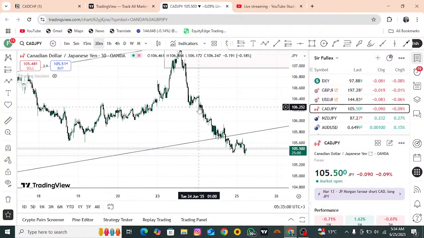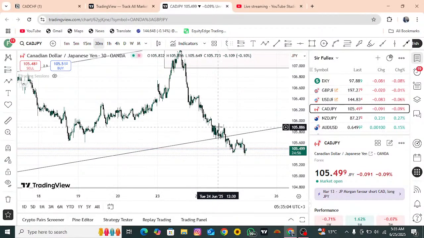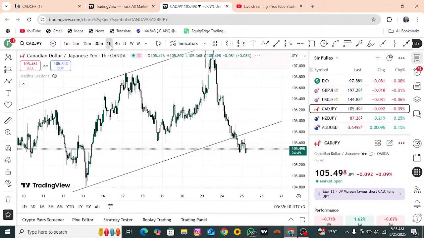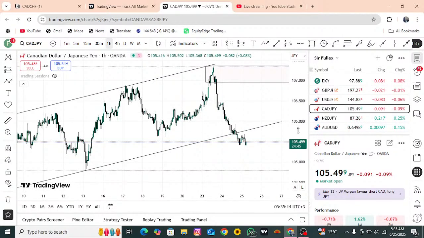Hey, you know what I hate? I hate this small movement. This one. On the 30 minutes you're seeing something like this. What about the 1 hour now? So it broke below the level.